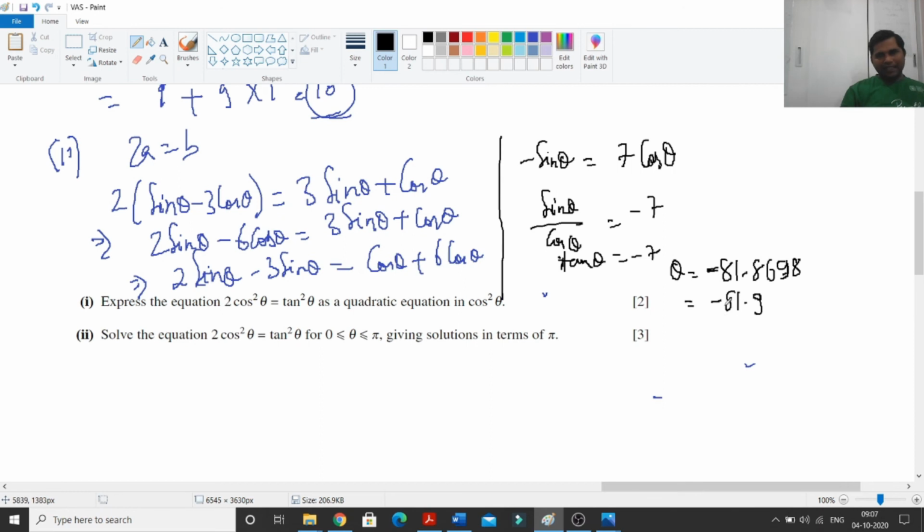But as it is not in the domain of 0 to 360, we have to add 180, right? So if you do minus 81.9 plus 180, you will get 98.1 degrees.